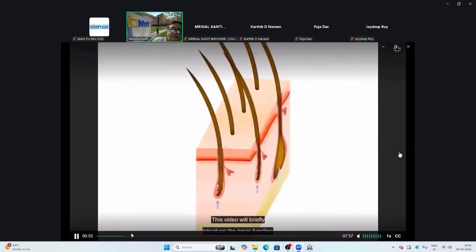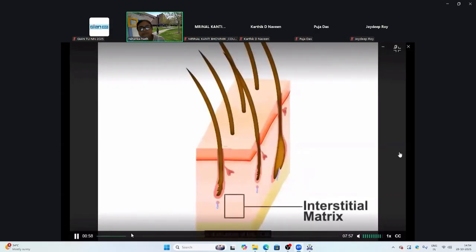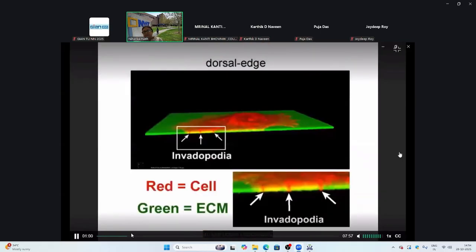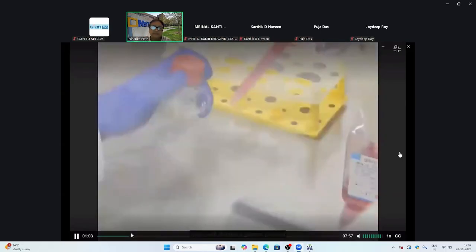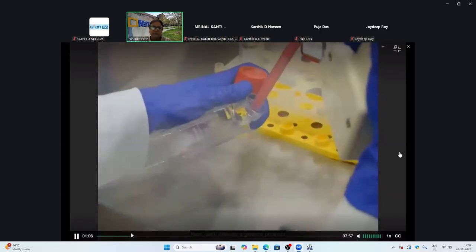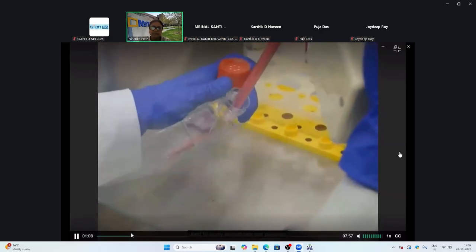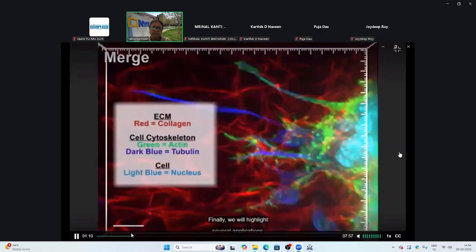This video will briefly introduce the basic function and structure of the ECM, as well as the mechanisms by which cells modulate and migrate through it. Next, we'll discuss a general protocol used to study endothelial cell invasion. Finally, we will highlight several applications of 3D matrices to studying different biological questions.